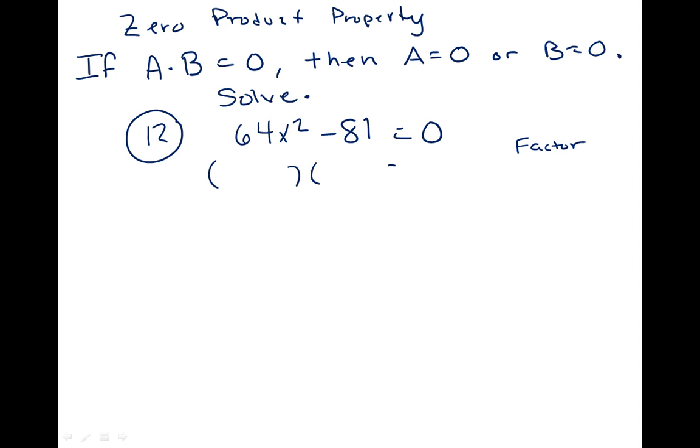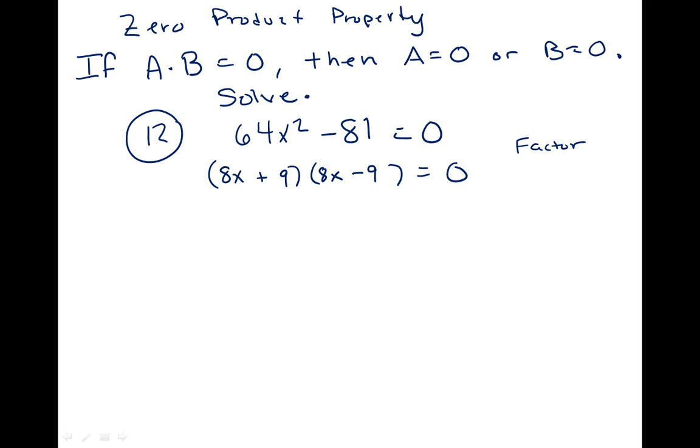And you see it's a difference of squares. We've just learned how to do that, so they're wanting you to use that in this section. You know that 8x times 8x is 64x squared, and 9 times 9 is 81. So what are the signs going to look like? One will be plus and one will be minus.